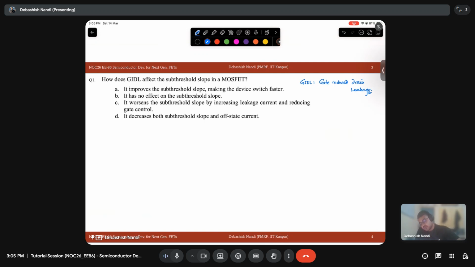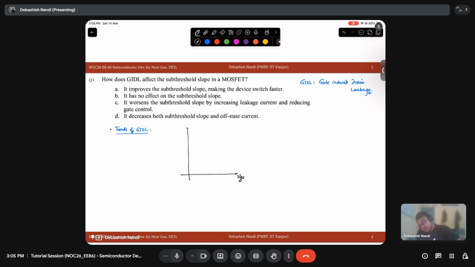So first, trends of GIDL. It can generally be seen in the transfer characteristics if you plot it in log scale.